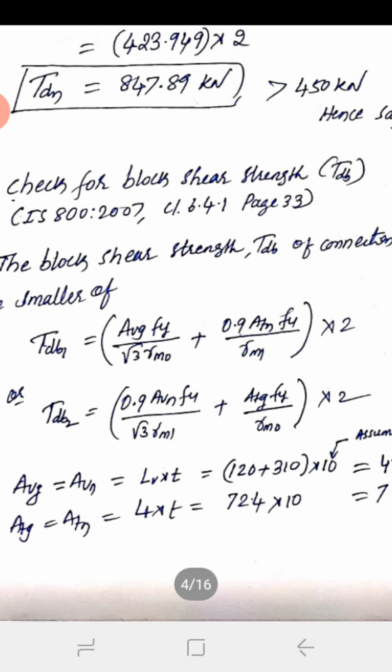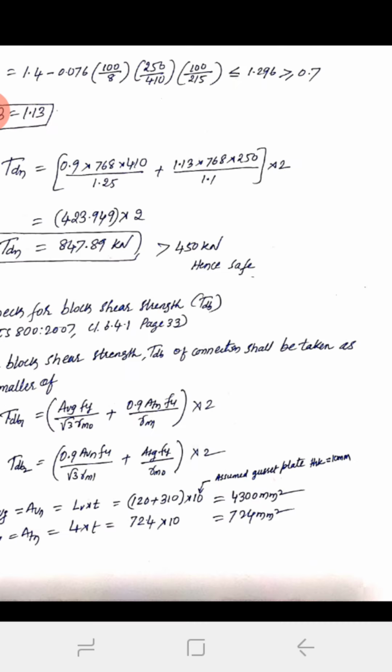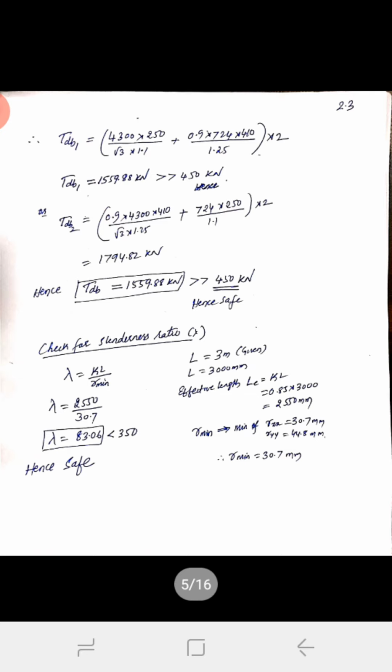After substituting, whatever strength you get, you multiply it by 2, since we are designing a double angle. Then you will get the strength, that is TDB1 and TDB2.